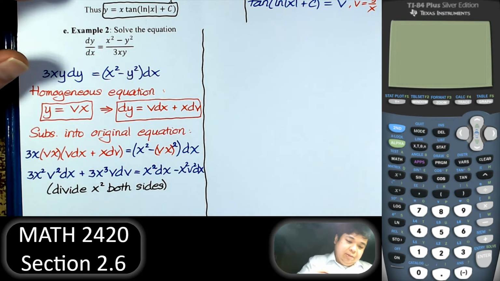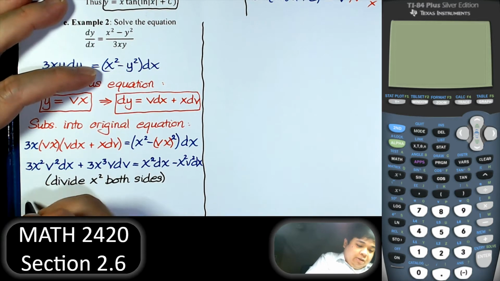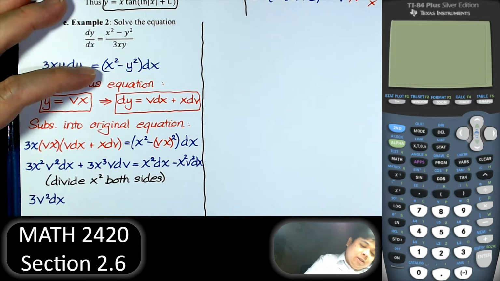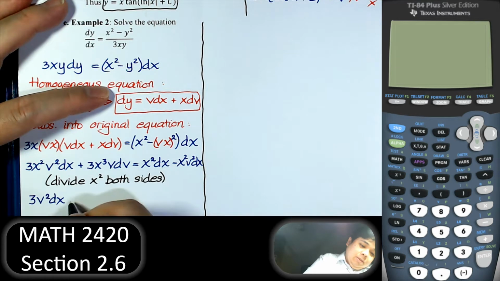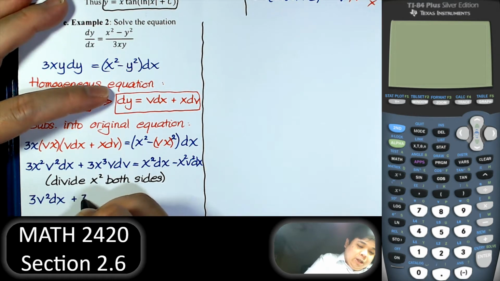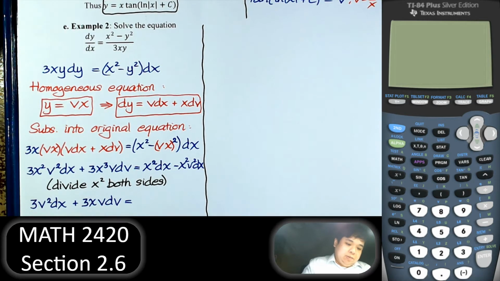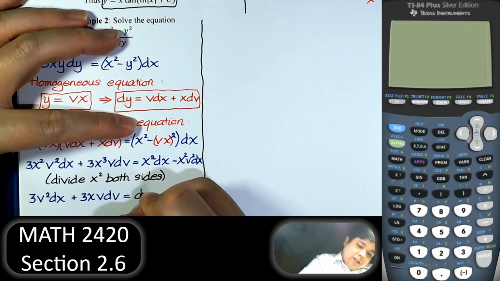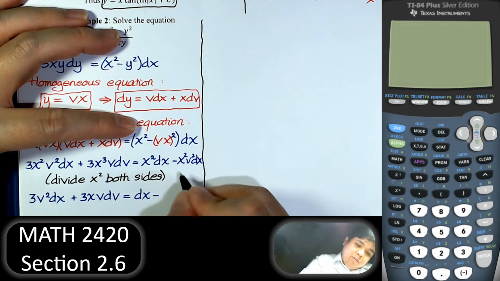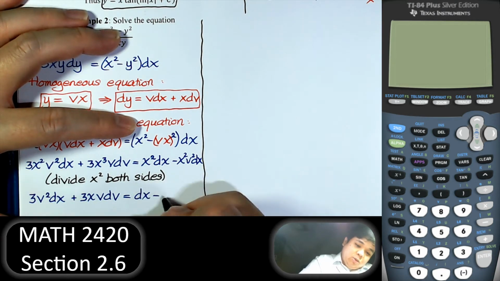So that gives us 3v squared dx plus 3x v dv, minus x squared divided by x squared, so we just have minus v squared dx.